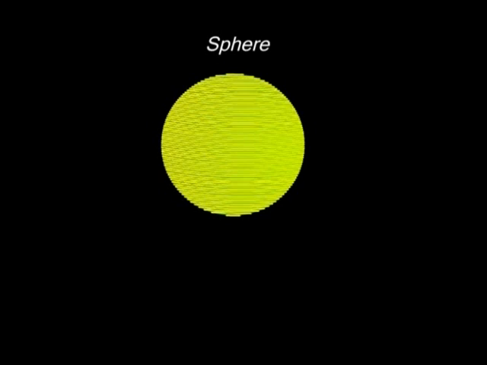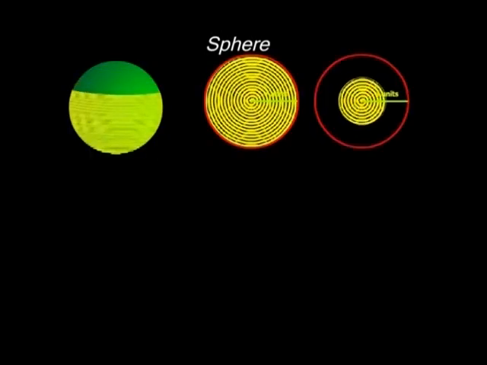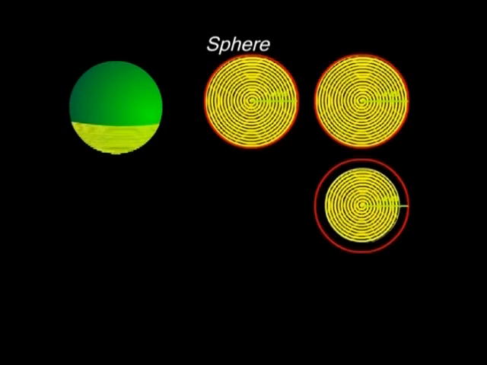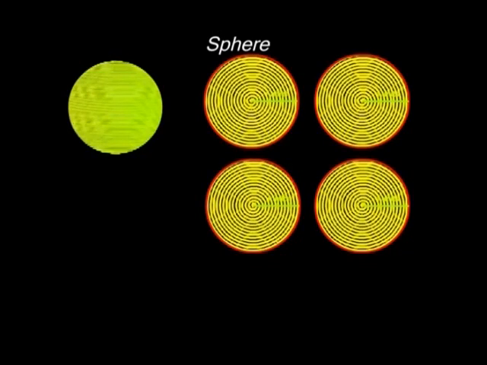Now we arrange the threads used in covering the sphere in form of circles having the radius equal to the radius of the sphere. You will notice that the thread used for covering the surface of the sphere is equal to the sum of the areas of 4 circles of the same radius. And so the surface area of a sphere is given by the formula: surface area is equal to 4 pi r squared, where pi r squared is the area of a circle.